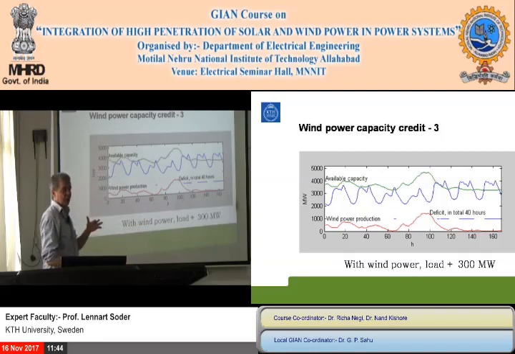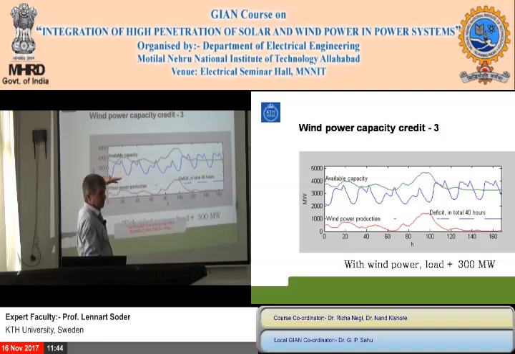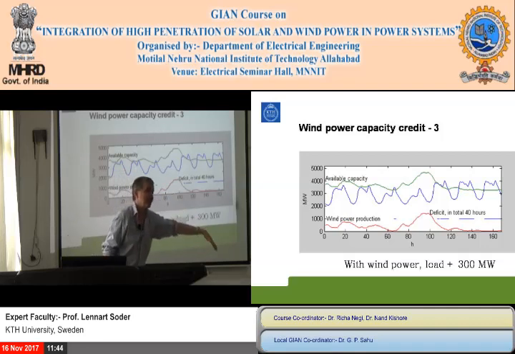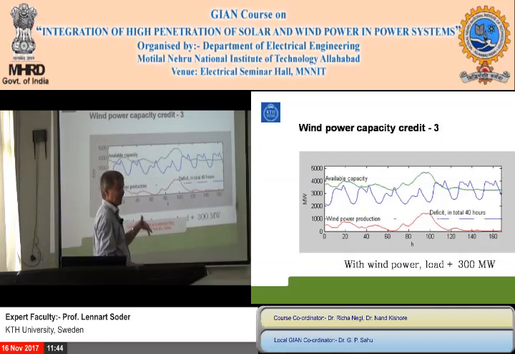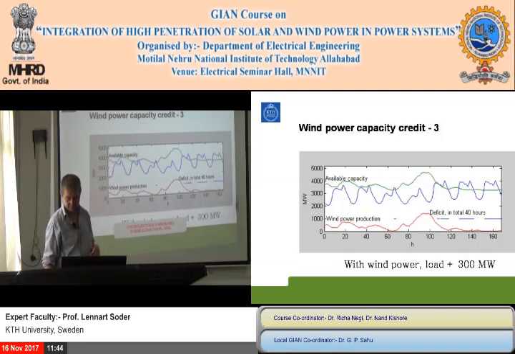So the capacity credit of solar power in India is probably very high, but then when you increase the amount of solar power, then of course the capacity credit of solar power will decrease, because you cannot have 100% solar power. It's the same with wind power. The more wind power you have, the lower the capacity value or capacity credit that is called.